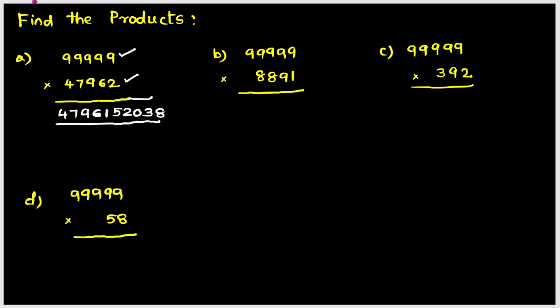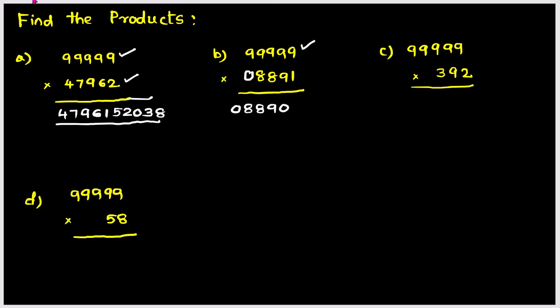Whereas similarly here, one number contains 5 nines, but whereas in another number only 4 digits are there. Then what we need to do? So remember children, to make the number of digits equal, let us keep 1 zero here, so that we get equal number of digits in both numbers. Now you can continue the same method. If you subtract 1 from 08891, you get 8890. But here 0 is there.